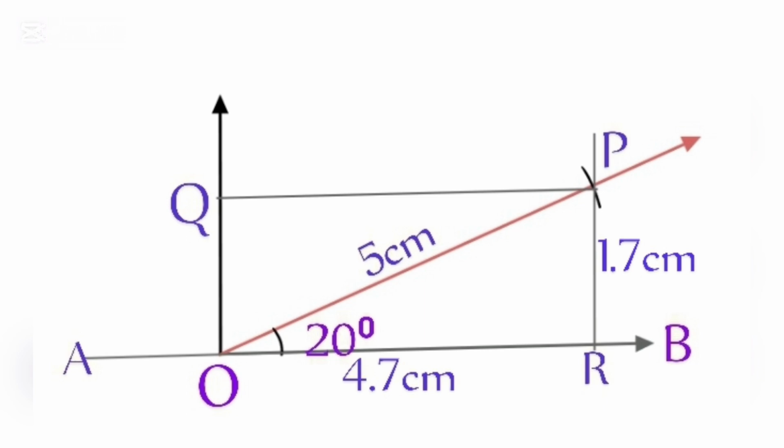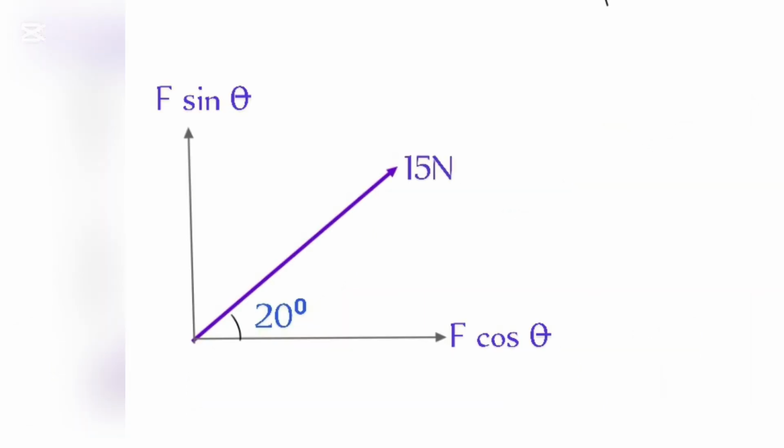If you measure out PR, you will get 1.7 centimeter if correctly constructed. This is the part played by the vertical force. Converting 1.7 to Newton by multiplying by 3, you get 5.1 Newton.